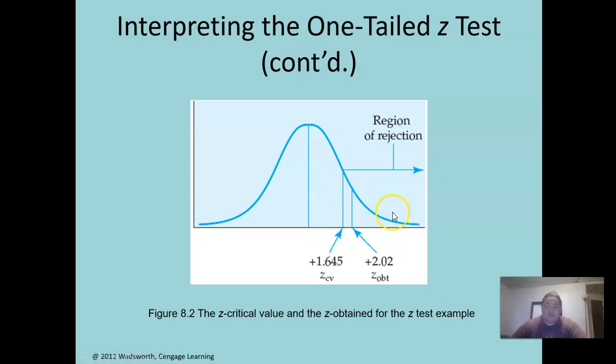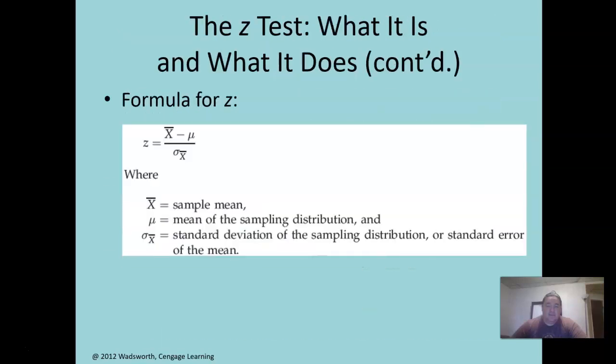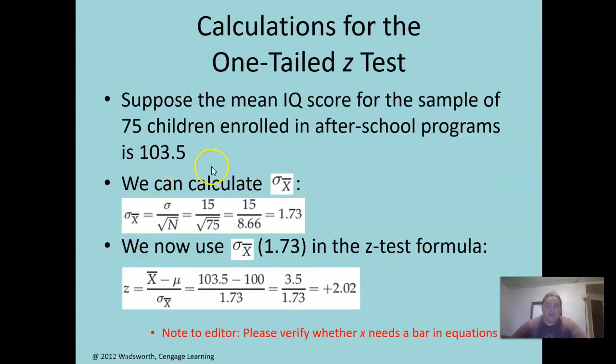So we would reject the null hypothesis and accept the alternative hypothesis, which is that the students who attend after-school programs have higher IQs. That would be true, or at least within this test statistic, it is shown to be true.